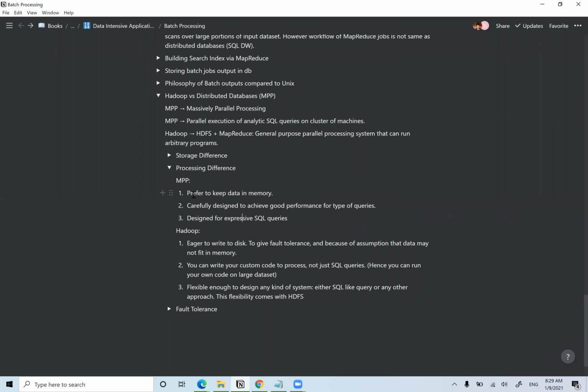Plus, it stores the data in a columnar format, and every column has its own file, so the queries become faster. Similar things also exist in Hadoop, but the majority of the MPP databases go for these columnar file formats.